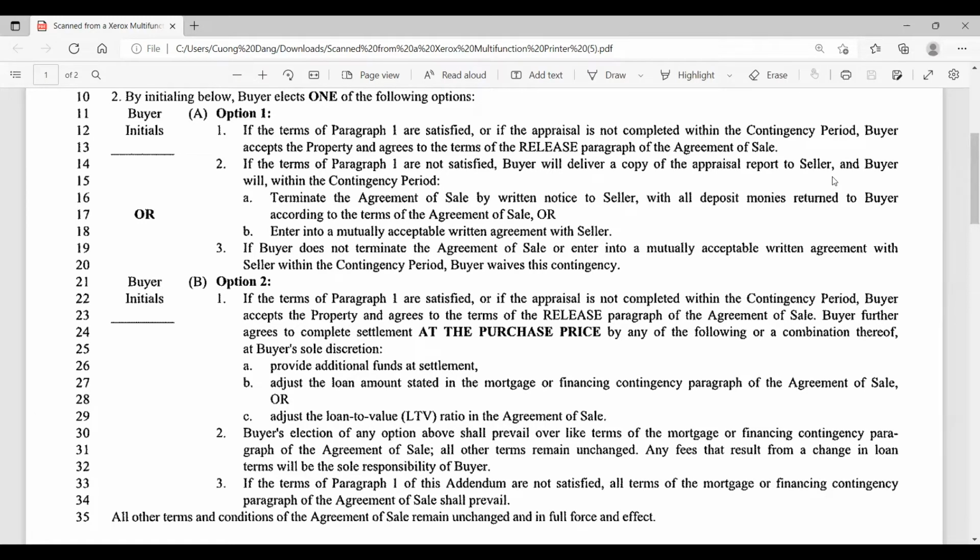When we went over the agreement of sale, we had mentioned that if you fill out that mortgage contingency box, the mortgage information box, correctly, that is your built-in appraisal contingency, right? Specifically, the loan to value percentage and the loan amount that you're getting from the bank. If the house doesn't appraise, then those 2 numbers are thrown out of whack.